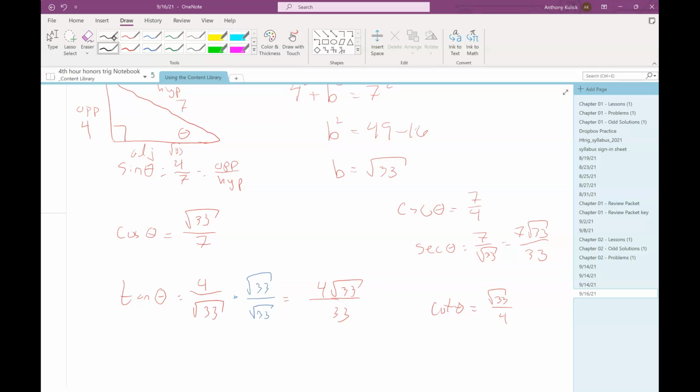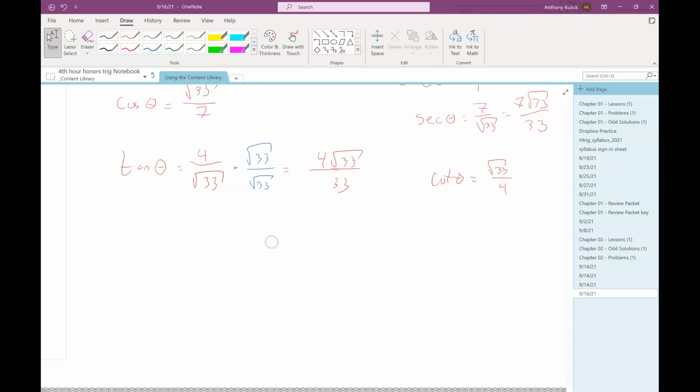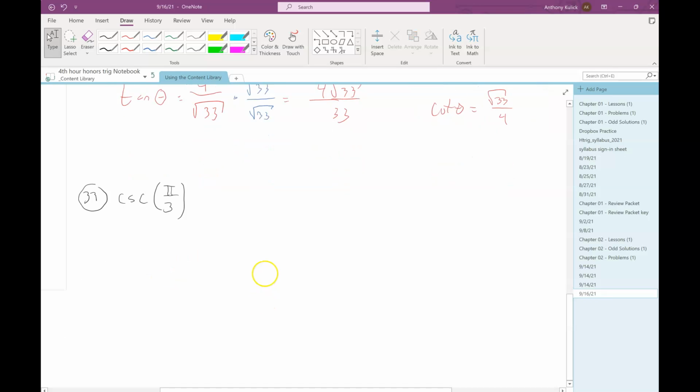33. Okay. So it says find the exact value without using your calculator. If we're going to do that without a calculator, we know we're going to have to use either a 30, 60, 90 triangle or a 45, 45, 90 triangle.